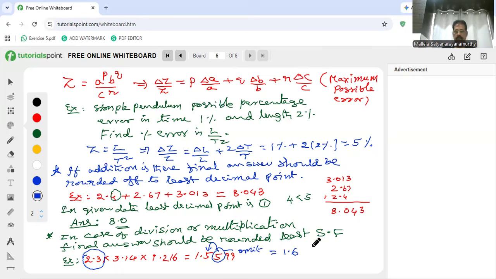Actually, the final answer is rounded off to the least significant figures in the given data, so the final answer must be rounded off to the least significant figures only.